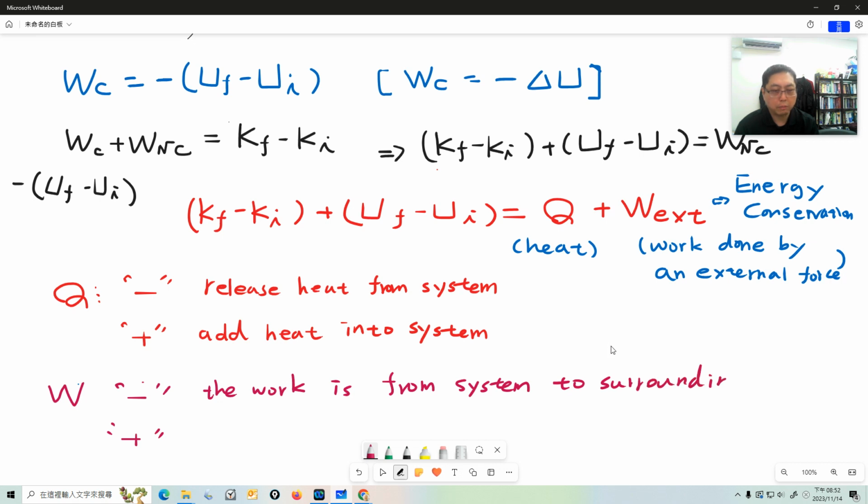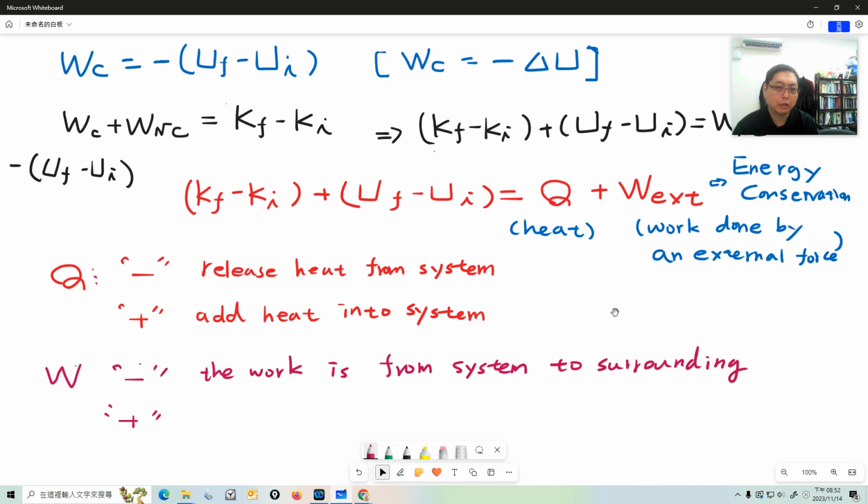So that means sometimes your system can do work to surroundings. But in most general physics textbooks, the work is always done from outside into your system. Actually, in the future, maybe in other engineering departments, you will know sometimes your system can do the work to outside.